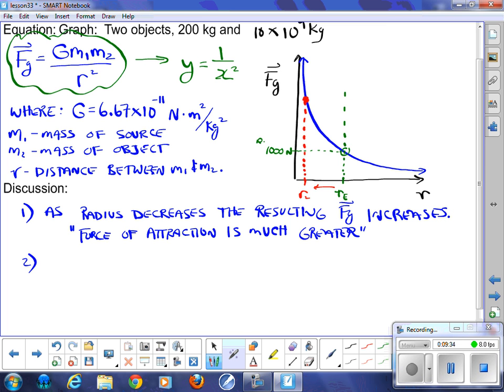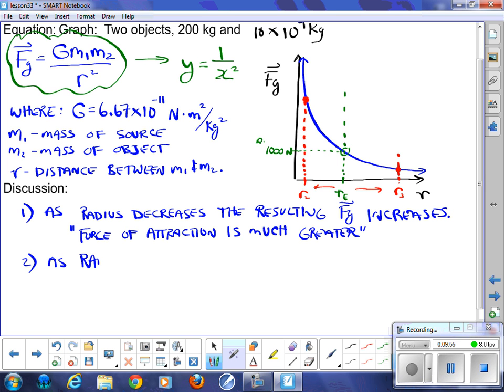The second point: the farther objects get apart, let's move the other direction now. If we move to R3, you see the force due to gravity is much, much less. It's the flip, or the counter argument, to number one.